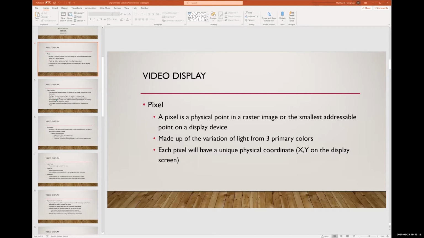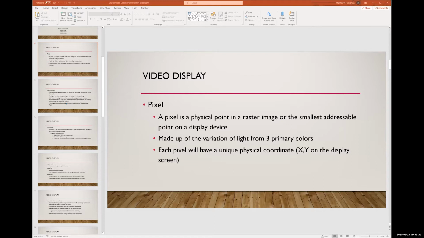All right. So the most basic foundation of any type of digital display is the pixel, and the pixel is a physical point of reference on a raster image, the smallest addressable point on a display device.